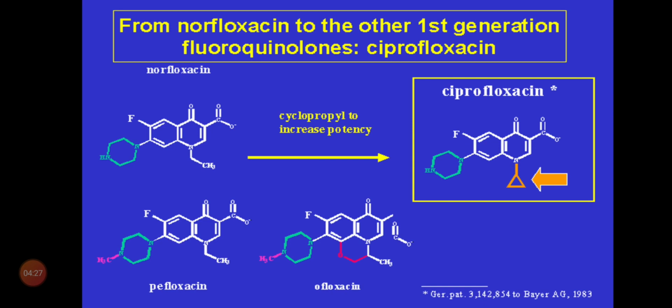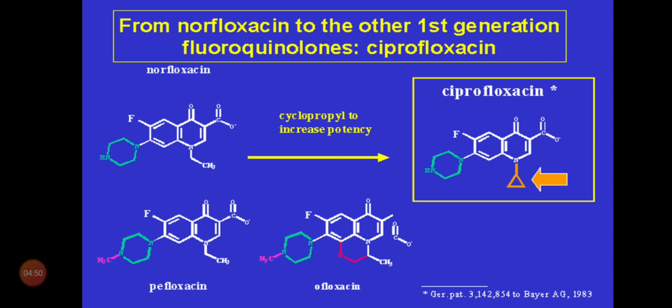The next example, from norfloxacin to other first generation fluoroquinolones, is ciprofloxacin. You can easily find the change in ciprofloxacin, indicated by the orange headed arrow: a cyclopropyl group is added at the N1 nitrogen.